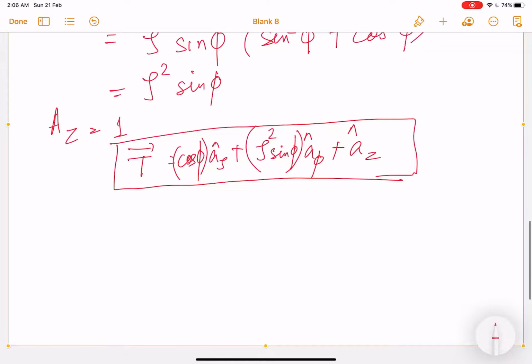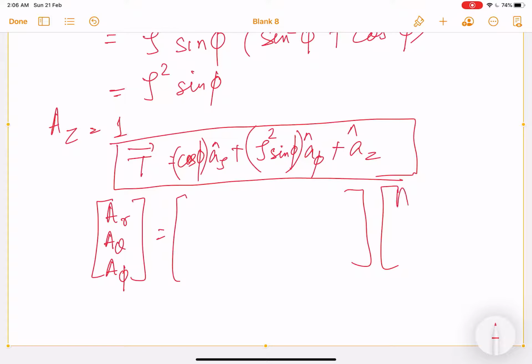Then for spherical, I'll again do AR, A theta, A phi equal to AX, AY, AZ. The first row is sin theta cos phi, sin theta sin phi, cos theta.